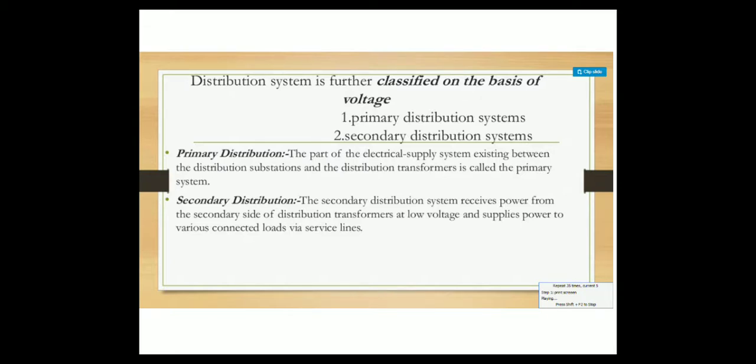The part of the electrical supply existing between the distribution substation and distribution transformers is called the primary distribution system, and secondary is the one which receives the power from the distribution transformers and supplies to the various loads. So primary transfers the power between substations and transformers, and secondary distribution transfers the power from transformers to the loads.